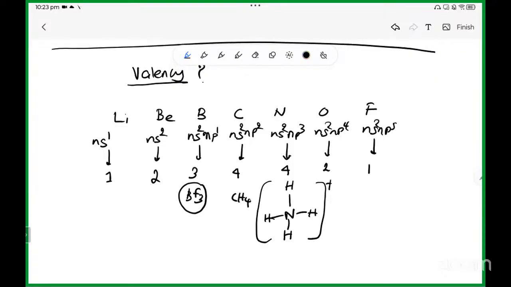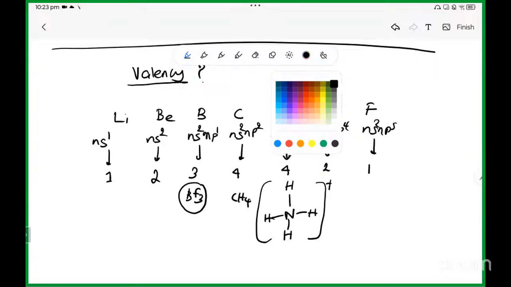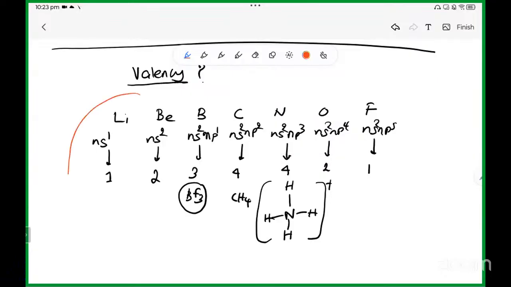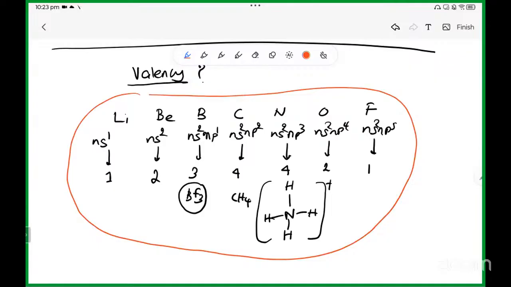Right? Can you write on this one as well, this is about the valency.